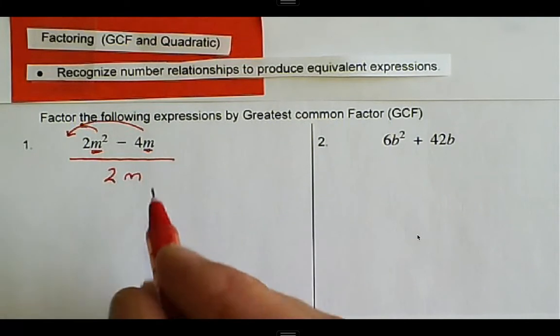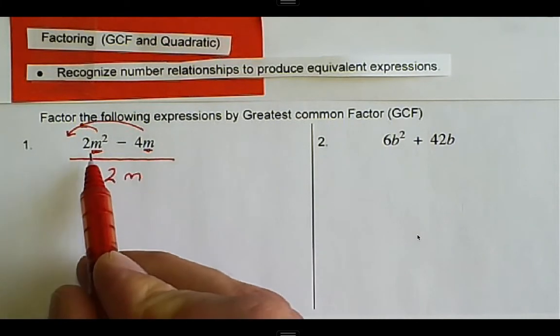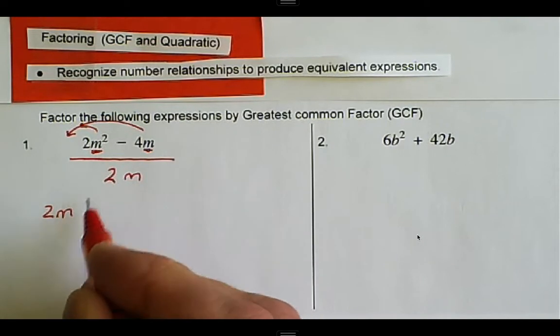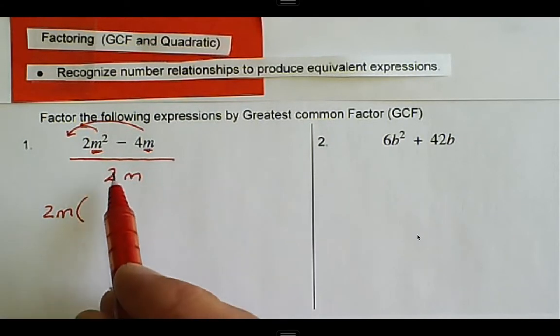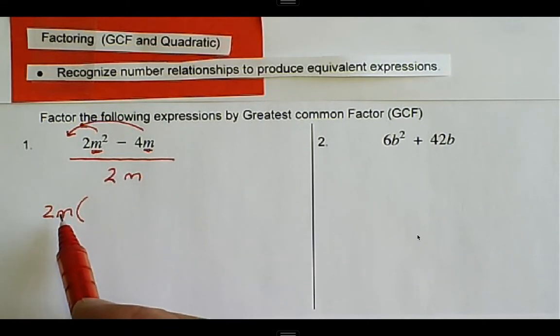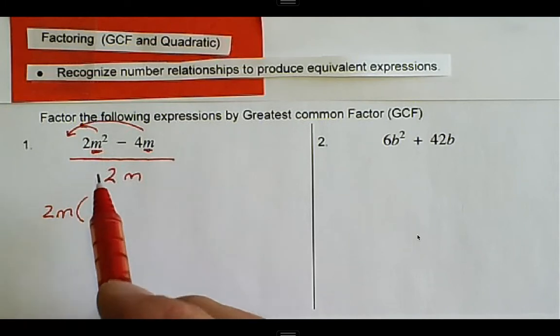So we have the 2m, which we took out from the binomial there. So if we have the 2m out front, now we've got to decide what would be left.